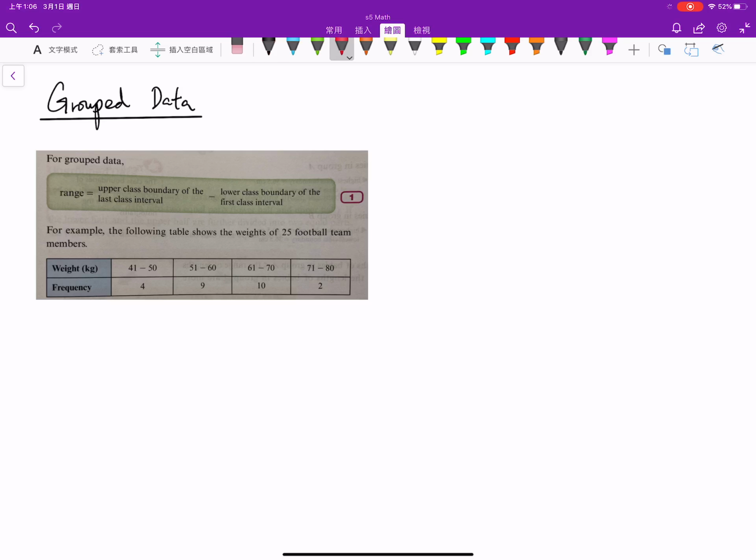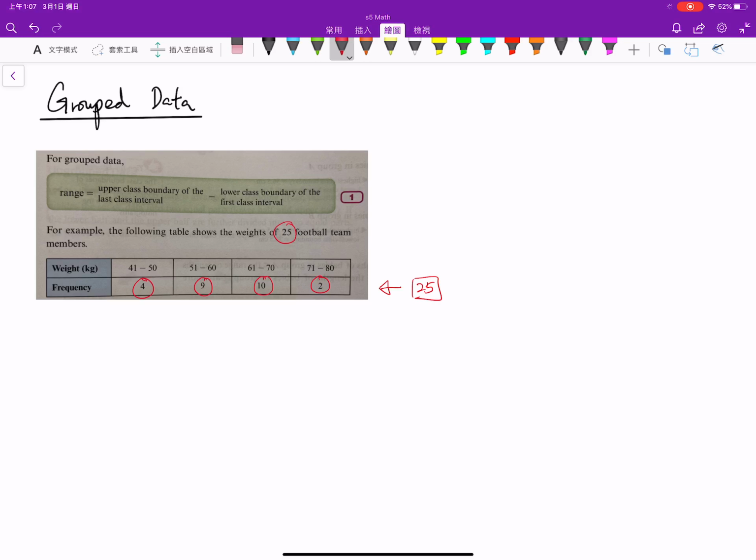In this example, it shows the weights of 25 football team members. 4 of them fall into 41 to 50 kg, and 9 of them fall into 51 to 60 kg, and so on. The sum of these is 25, which means there are 25 members.